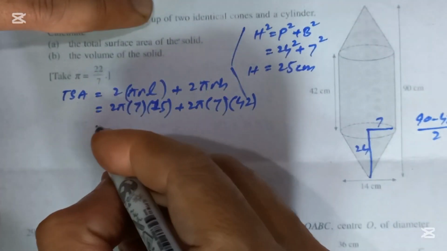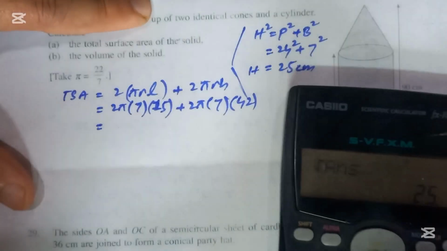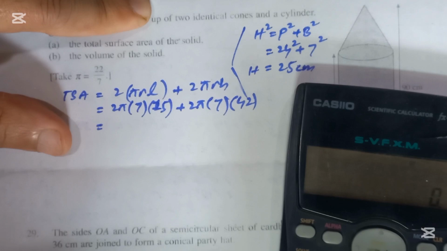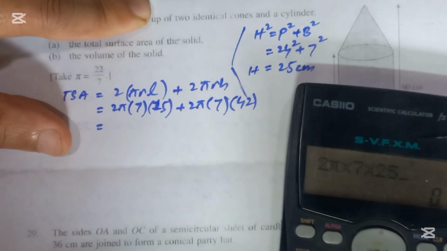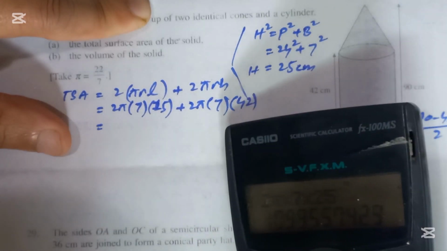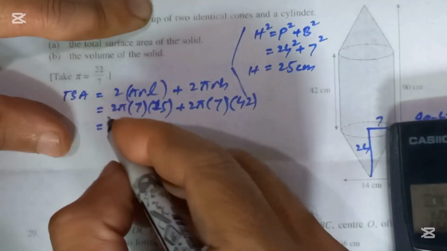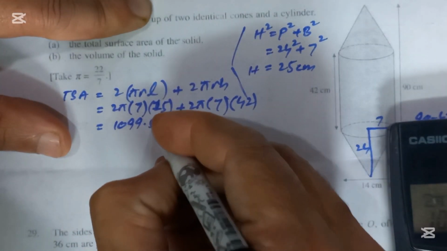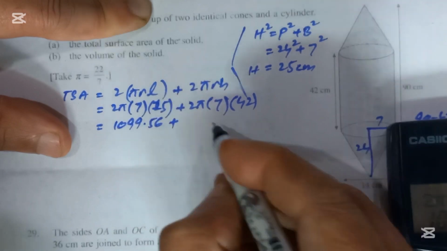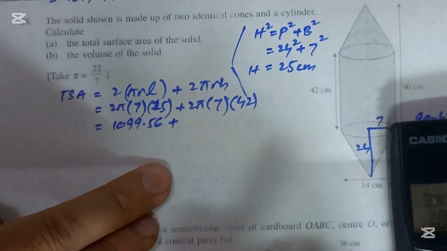Now use the calculator. 2 pi multiplied by 7 multiplied by 25. Value will be 1099.56. Now solve this factor.